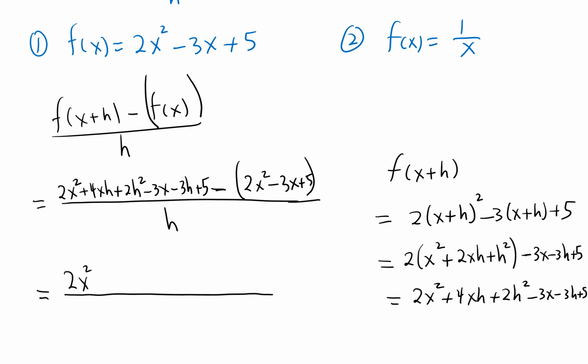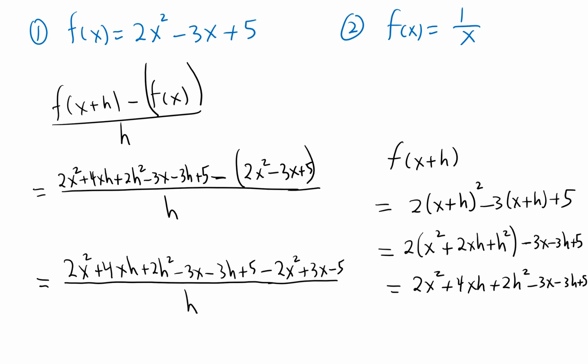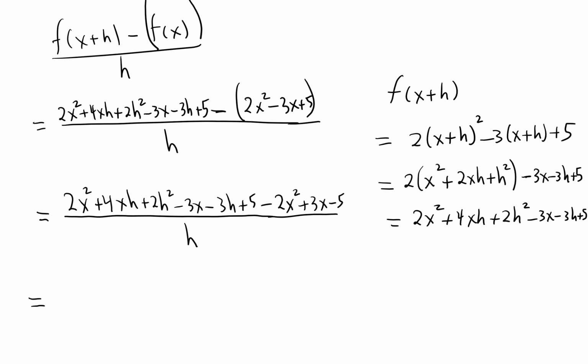This stays the same, same, same. Multiply by negative, all over h. 2x squared minus 2x squared cancel. Minus 3x, 3x cancel. 5 minus 5 cancel. I can always factor h out from the numerator. 4x plus 2h minus 3 all over h.